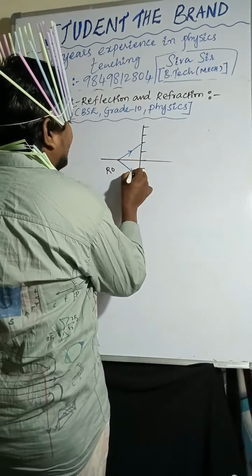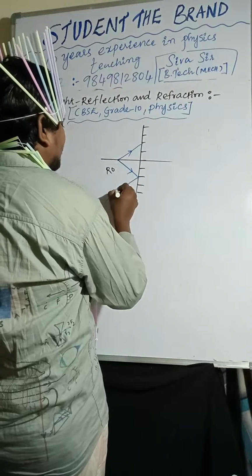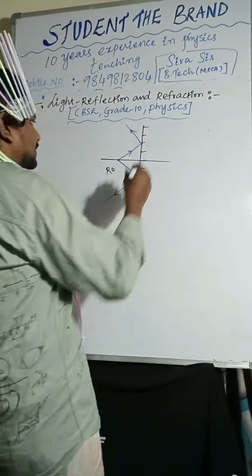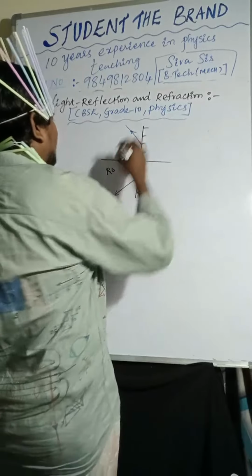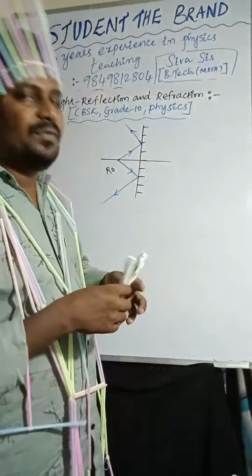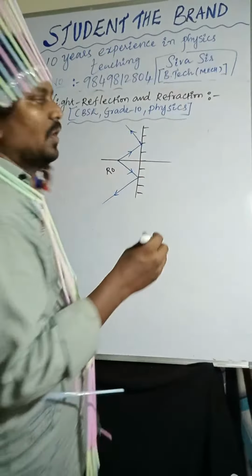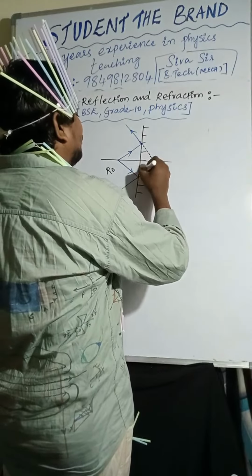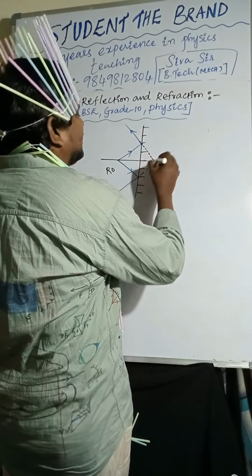After reflection, those light rays are moving away from it. If you extend those light rays, they will meet at one point, so an image is forming.